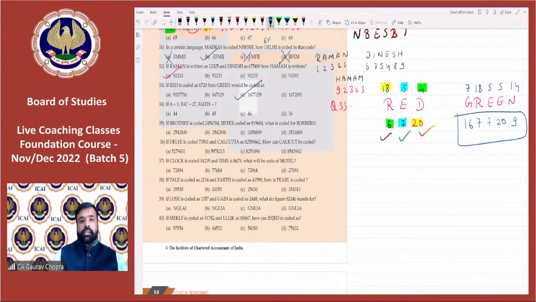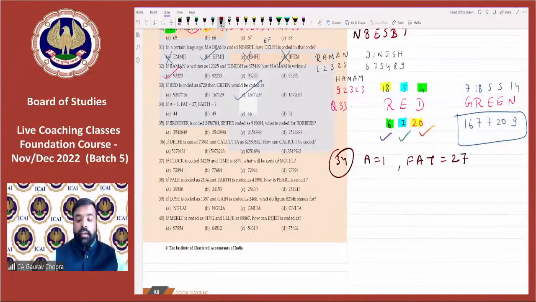Okay. Let's do 34. So 34 is, if A is 1, FAT is 27. Find out the code word of FAITH.